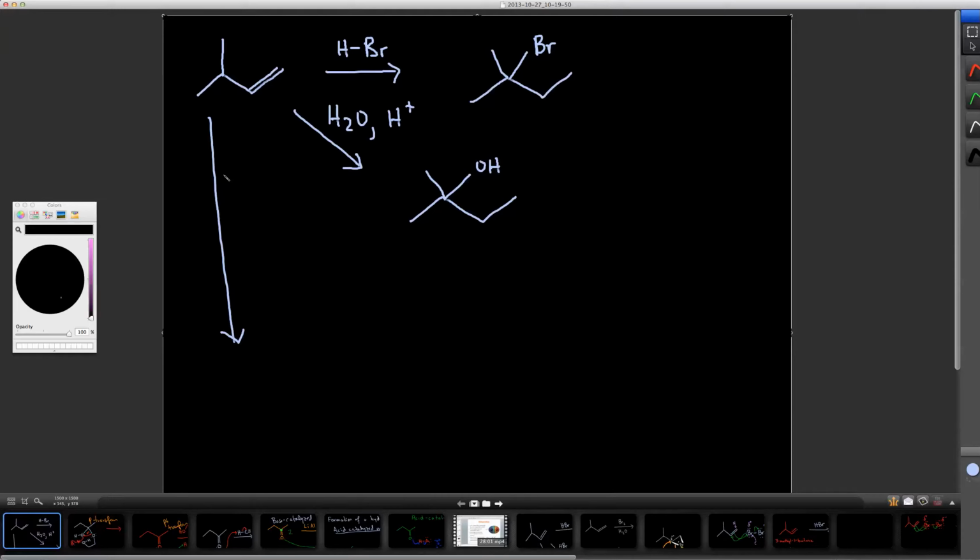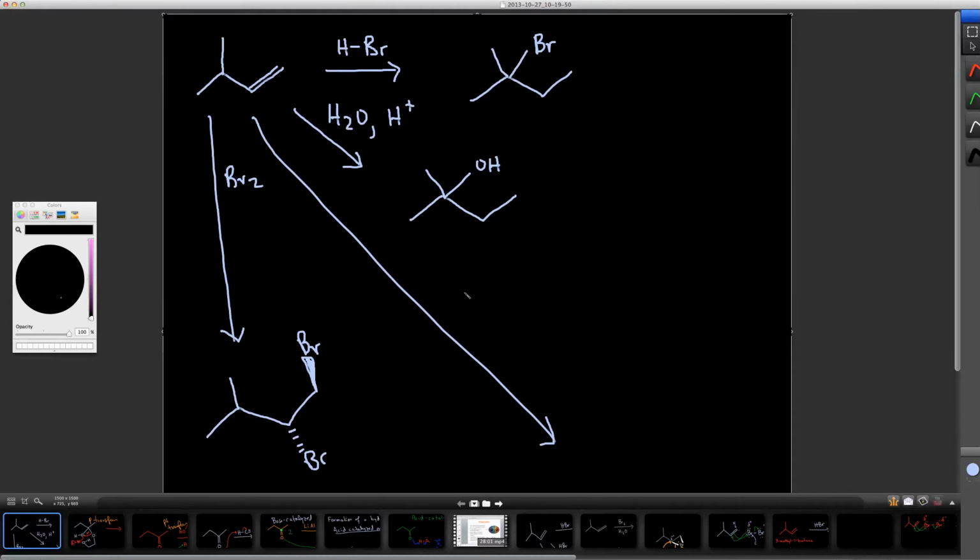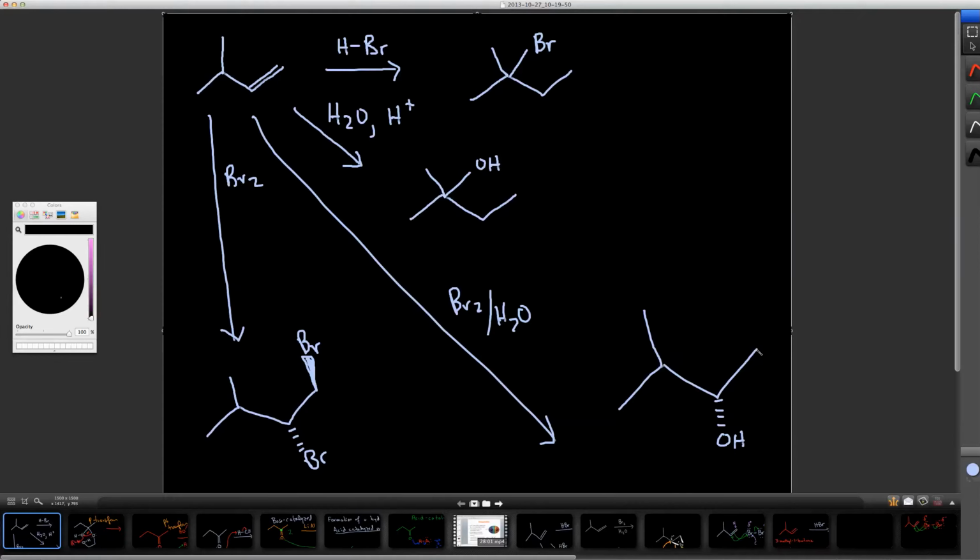We learned that Br2 would result in a non-rearranged product with anti-addition. And we learned that Br2 with H2O would result in a non-rearranged product, but that the OH would always go to the more substituted carbon, and it would be an anti-addition as well.